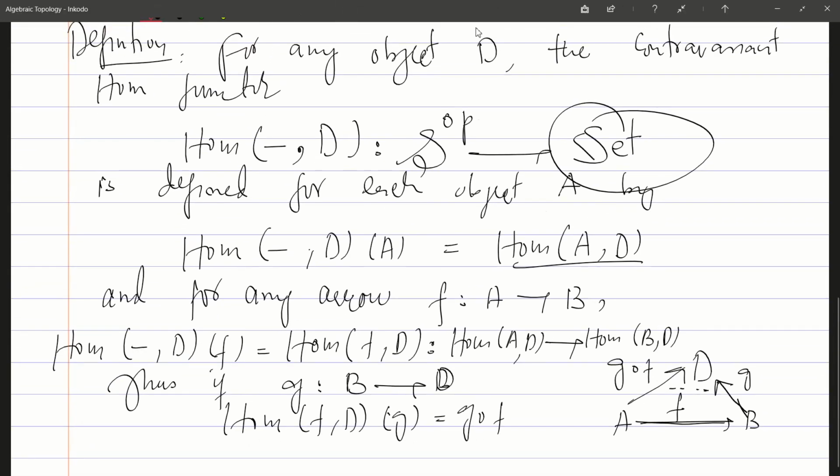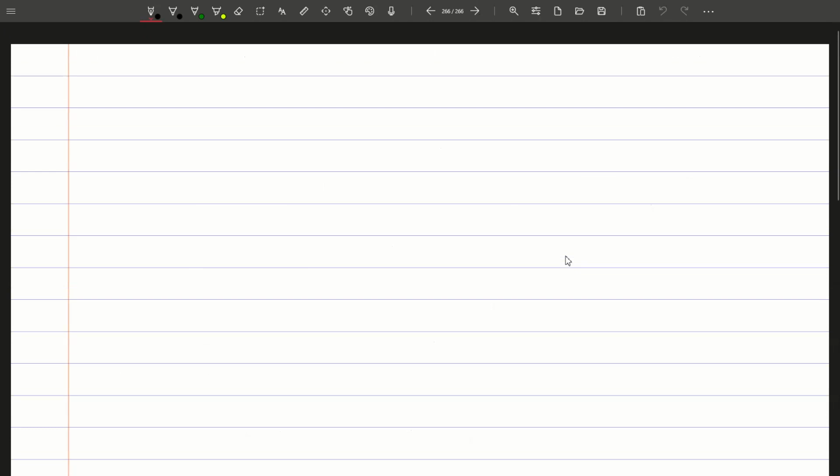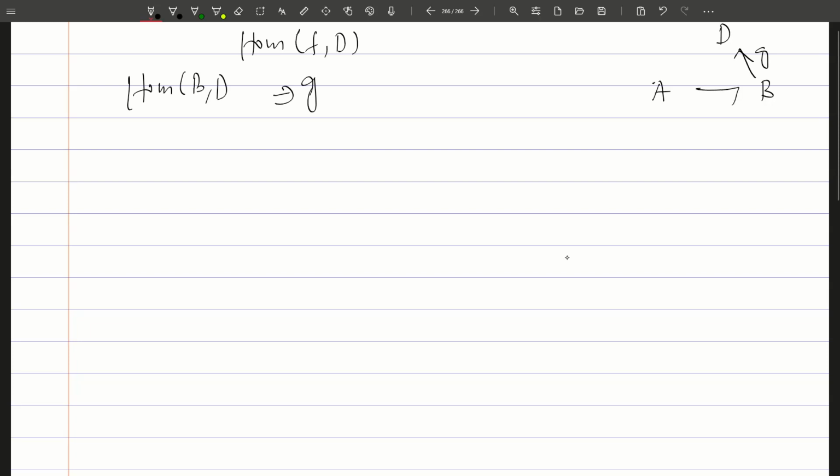So one should keep in mind that this Hom(f, D) takes a morphism g, which is in Hom(B, D), because we have D here, we have B here, we have g here. This is the morphism f, and this is the g composite f. So g is a morphism from B to D. So this means g is an element in Hom(B, D).